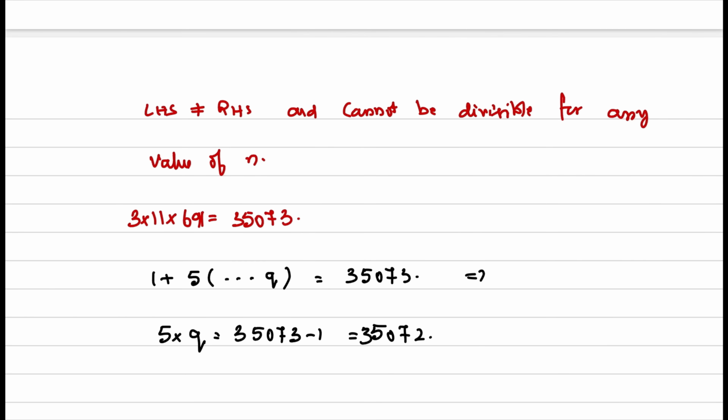For q has to be an integer because n is greater than 1 and since ab and n are greater than 1, that implies q has to be integer. There is no integer value of q.